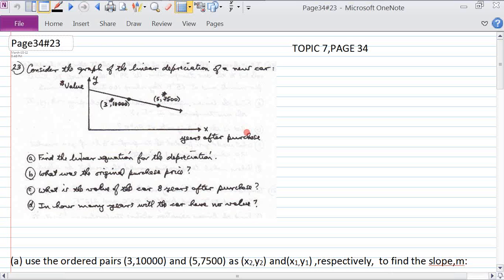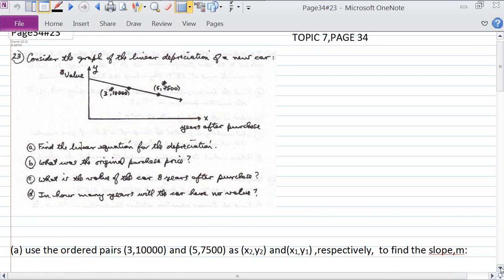Because when it crosses the x-axis, y will equal 0, which will mean that it has no value. So we want to know in how many years x will the value be equal to 0. So we need the point at which this line, as it's extended, crosses the x-axis.